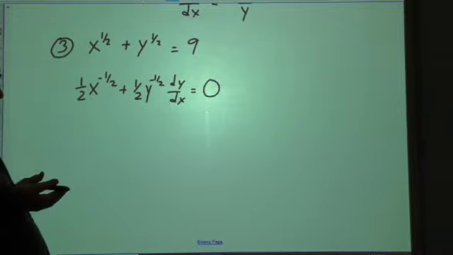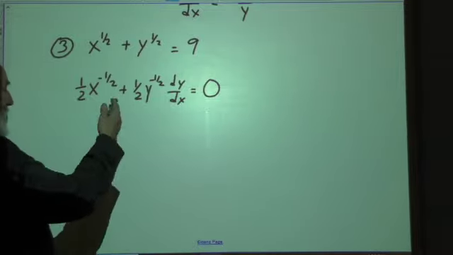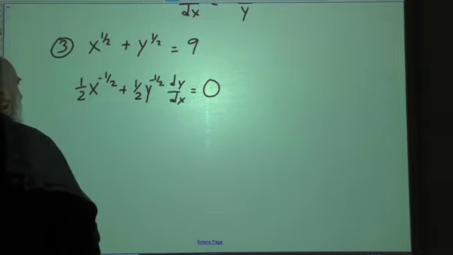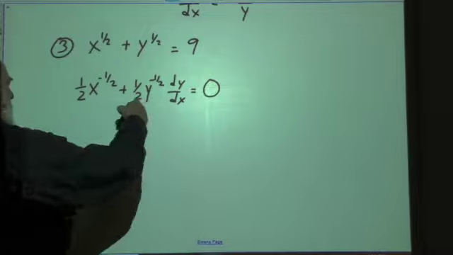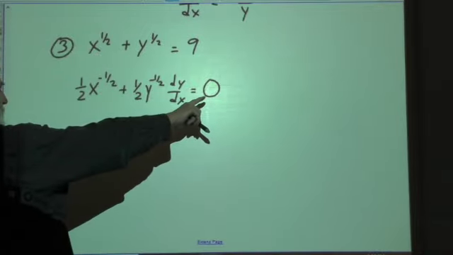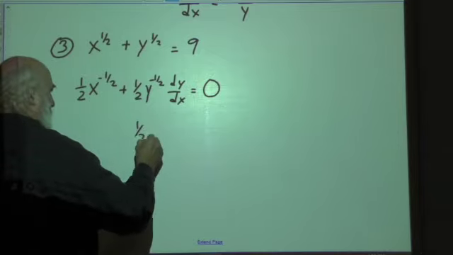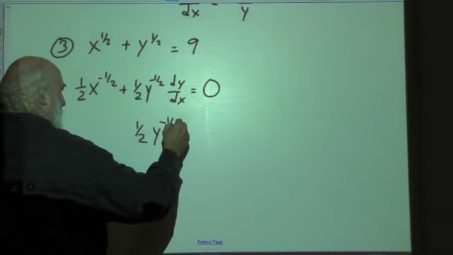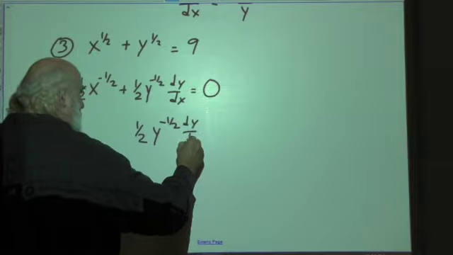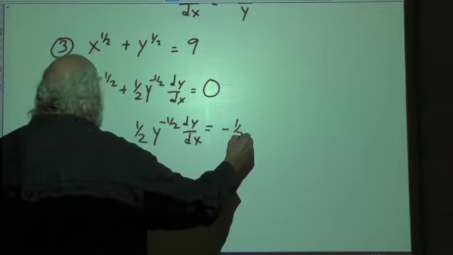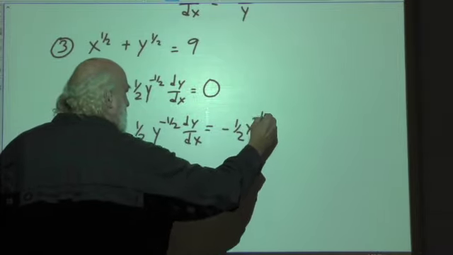So you can see pretty much the same thing is going to happen here, except now we've got these negative exponents to deal with. So I'm going to move the 1/2 x to the negative 1/2 power by subtracting it, so that gives me 1/2 y to the negative 1/2 dy/dx is equal to the negative 1/2 x to the negative 1/2 power.